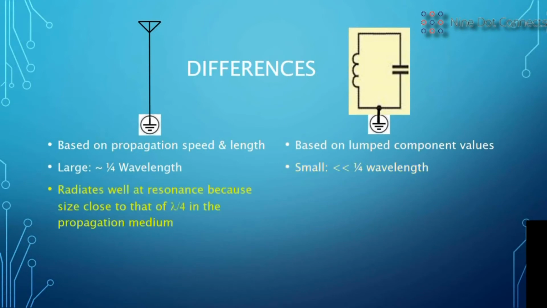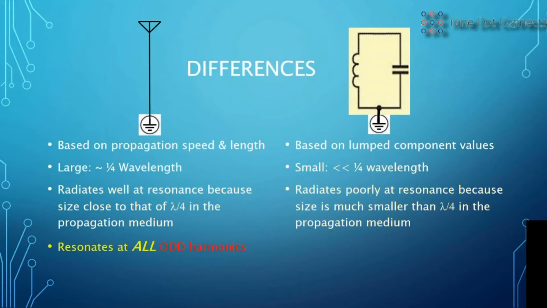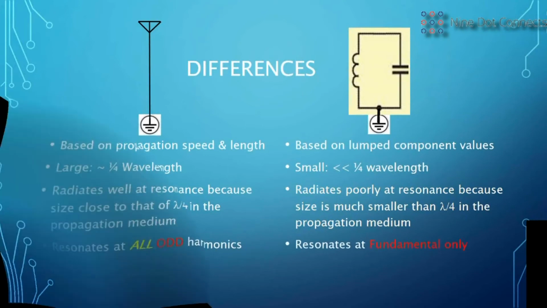Antennas radiate well because their size is so close to that of a quarter wavelength in the propagation media that their radiation resistance is fairly low. Tank circuits resonate poorly because they are much smaller than the necessary quarter wavelength in the propagation medium, at least typically. As a result, antennas will radiate at all our odd harmonics, whereas tank circuits only resonate at the fundamental.